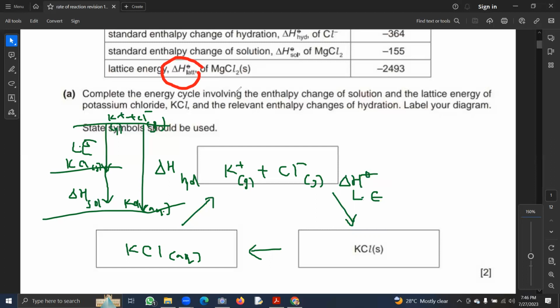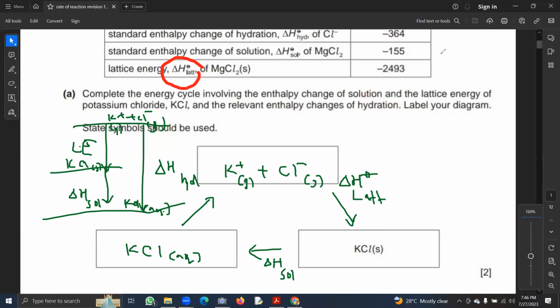They say delta H LATT. If it is their notation, that's correct. The other one is from KCl solid to aqueous: delta H solution.